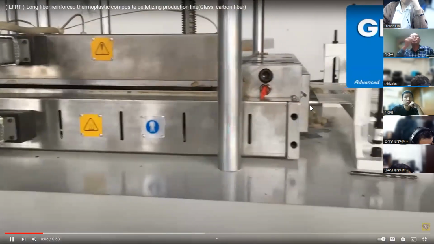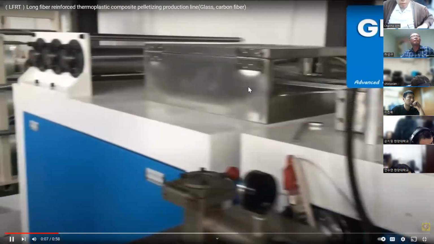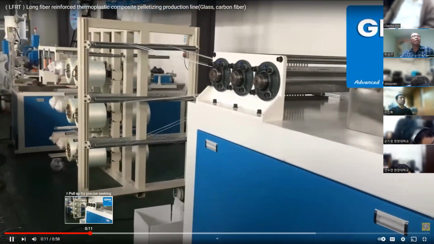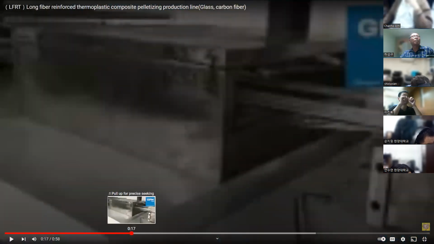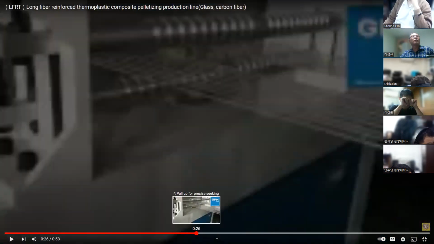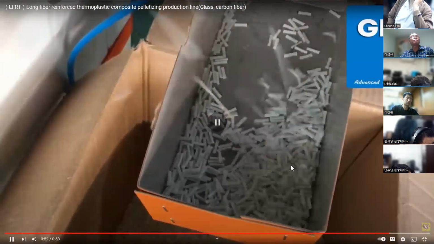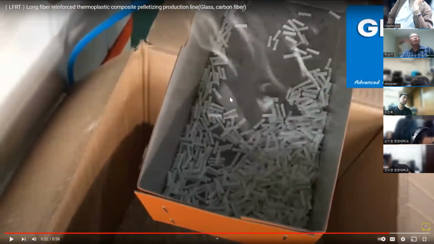But this one shows not the carbon but the glass. This is actually the thermoplastic resin.